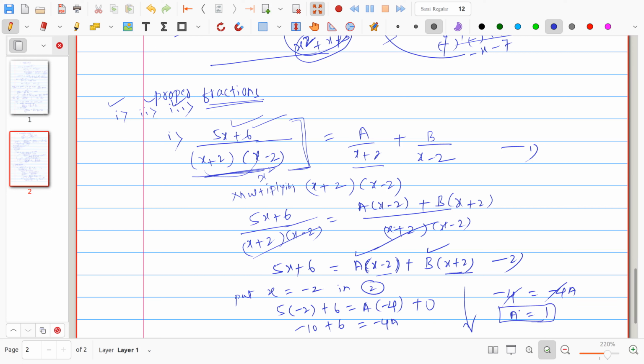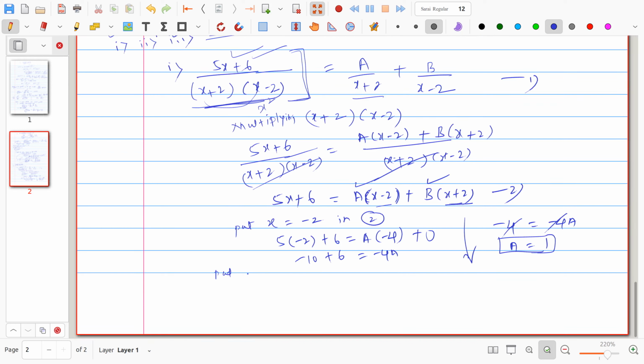Okay, if I put the value of B's side value, then I will get the A value. And now I will put x = 2. This value I have already put.